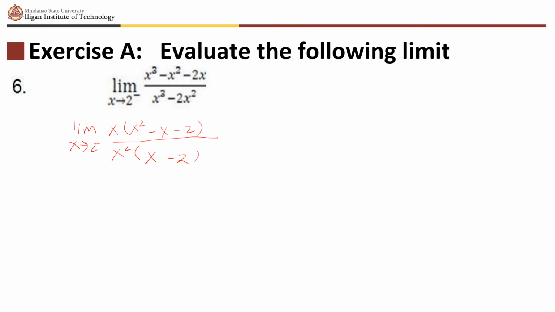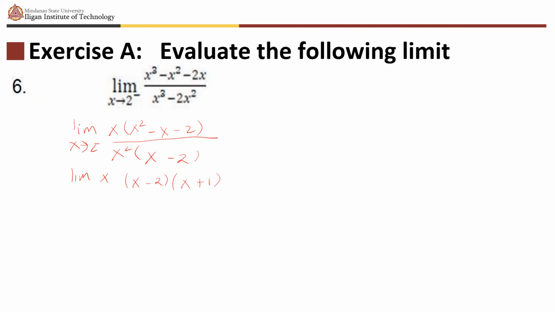But x squared minus x minus 2 can again be factored into the following. So we will have the limit now of x times x minus 2 times x plus 1.